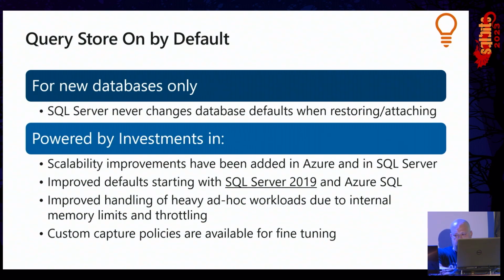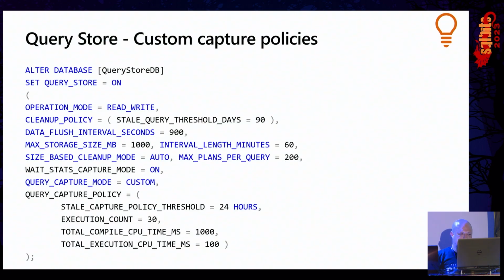If you are still concerned about it, we do have the concept of a custom capture policy, which you can use for further refining. That's been in the product for a little bit. If you want to further hone down what's being captured, if you're concerned about overhead, this could certainly be a way of doing that.